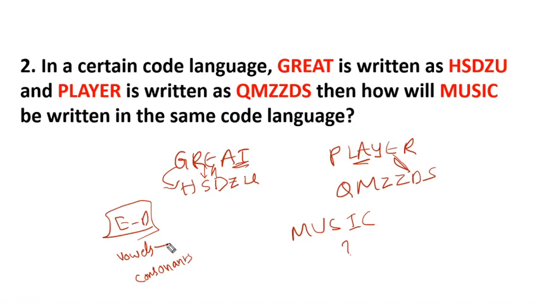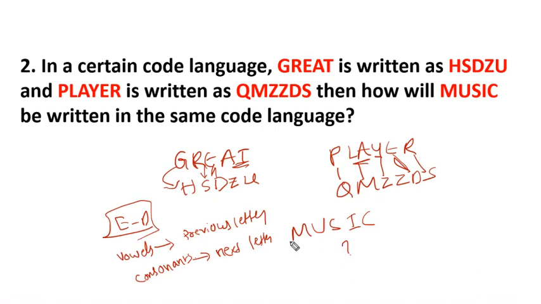If it is a vowel, E previous is D, similarly E previous is D, A previous is Z. That means the previous letter in alphabetical order has been used. And if the letter is a consonant, then the next letter is used. Like P's next letter is Q, L's next letter is M, Y's next letter is Z, R's next letter is S, etc.